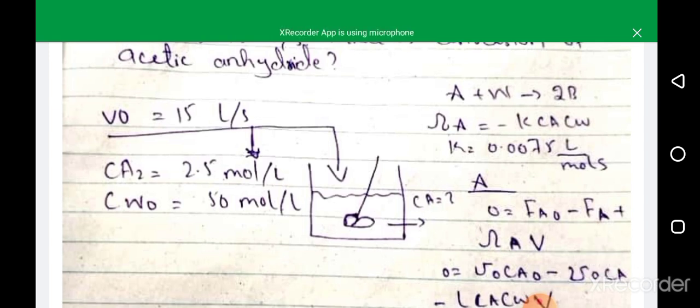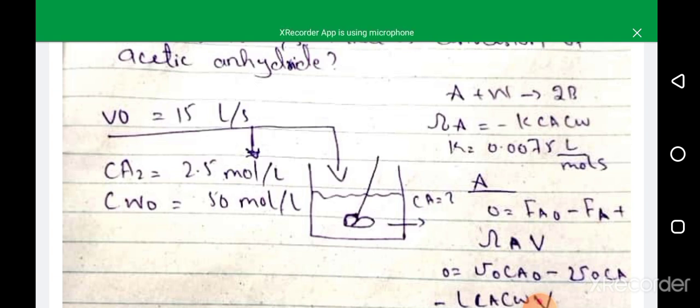Now I have drawn the figure for understanding. So now A plus W gives 2B, rA is equal to minus k CA CW, k is equal to 0.0075 L per mole per minute. Now what is CA?